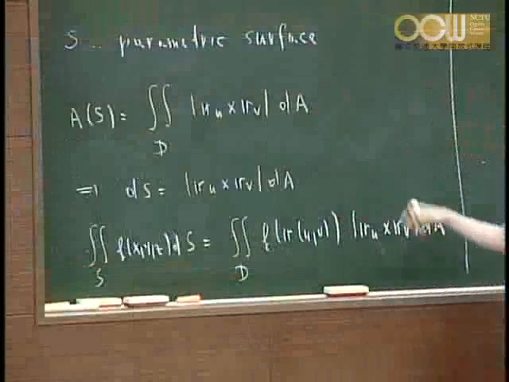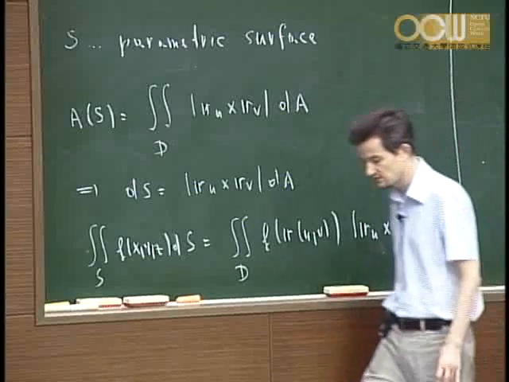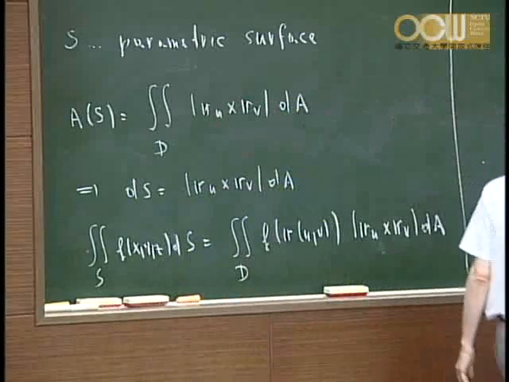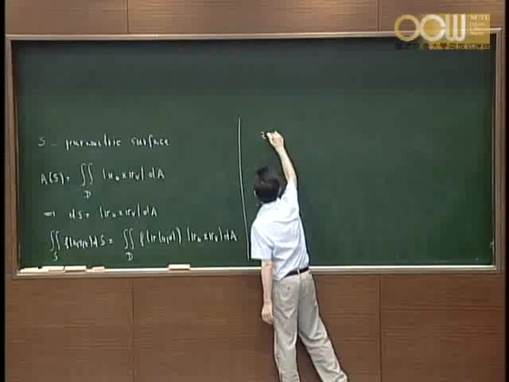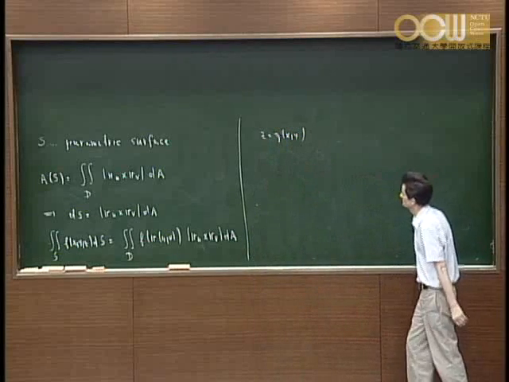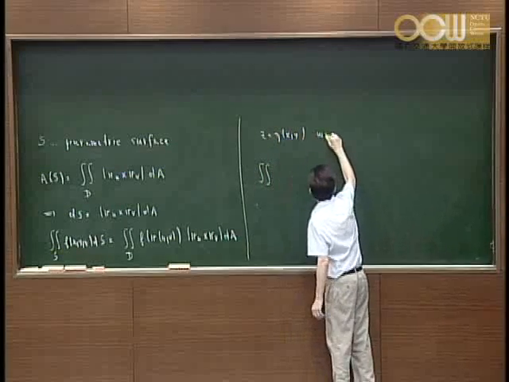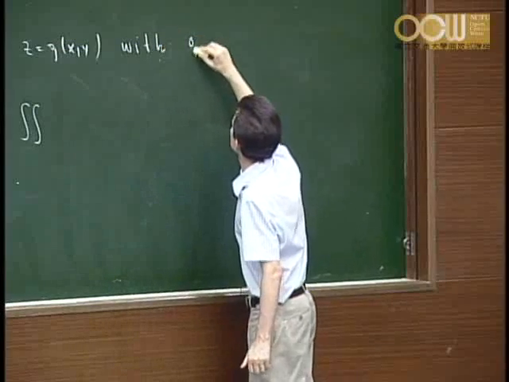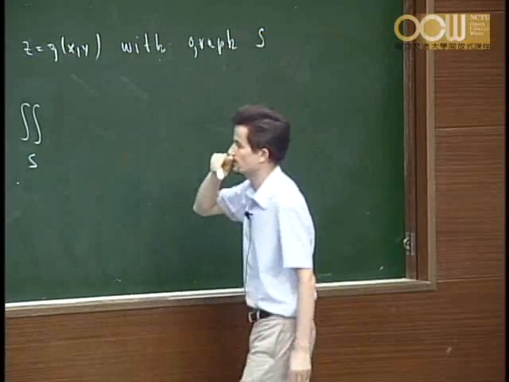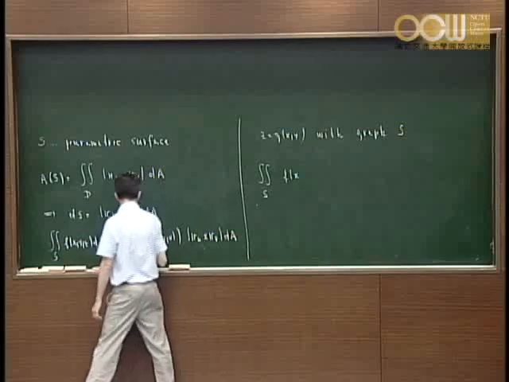A special case of this situation is when the surface is the graph of a function of two variables. So if you have a function g of two variables, then the surface integral over the graph S of f.